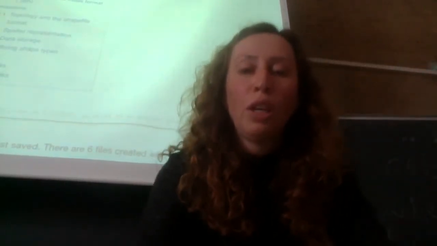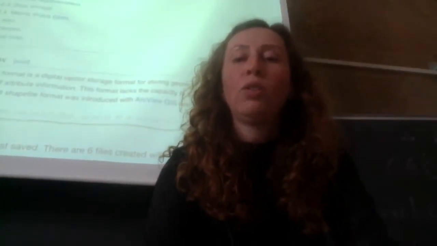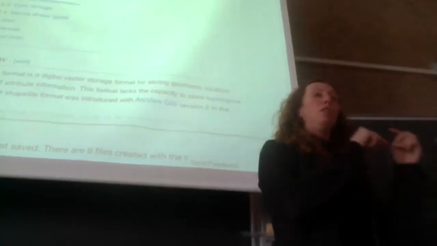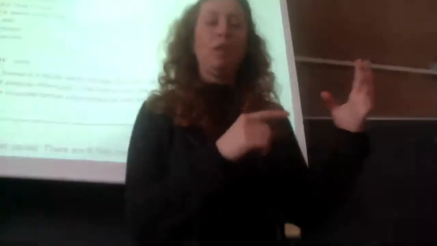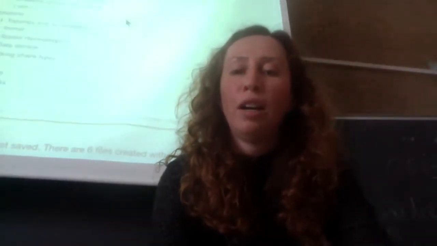The .shx is basically the index. The .dbf is a database format, which holds the table of all the attributes, and it links to the shapefile using the index. You also have different others, but these 3 are really needed.